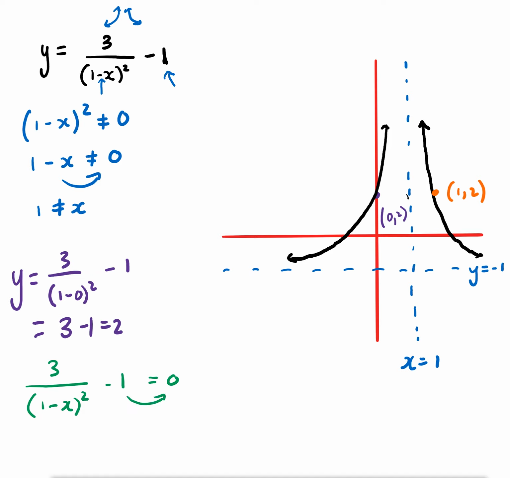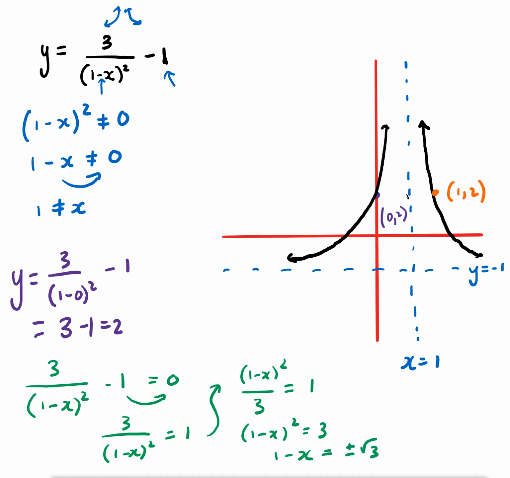Bring the 1 over. 3 over 1 minus x squared equals 1. Remember, I can raise both sides to the power of negative 1, or I can flip both sides. So 1 minus x squared over 3 is equal to 1, because if I flip 1 over 1, it's the same thing. And 1 minus x squared equals 3. You can square root both sides. 1 minus x is plus or minus root 3.